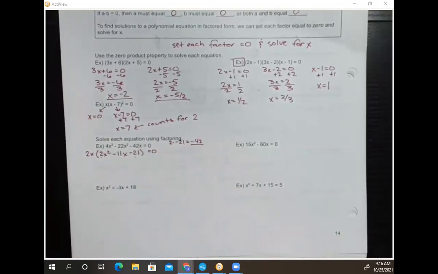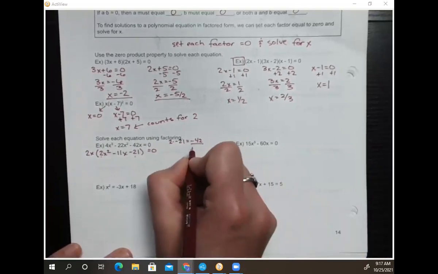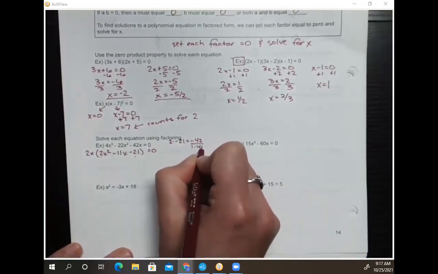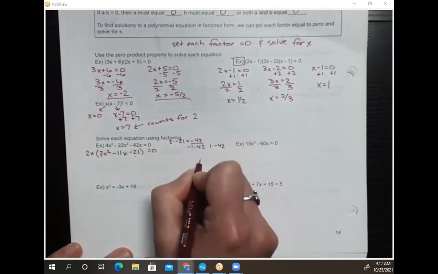For a problem like this, I would expect you probably need to make a list, right? We don't look at factors of negative 42 all that often, so I might need to make a list. So this could be 1 times 42, and again, one of them would need to be negative.